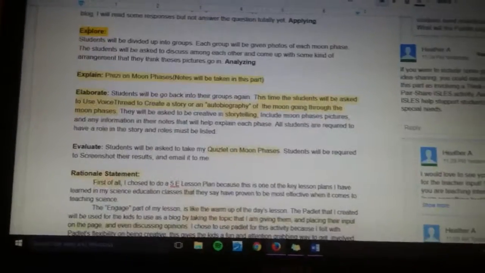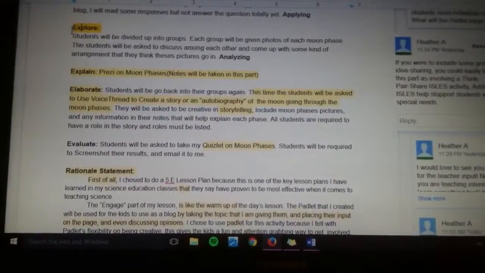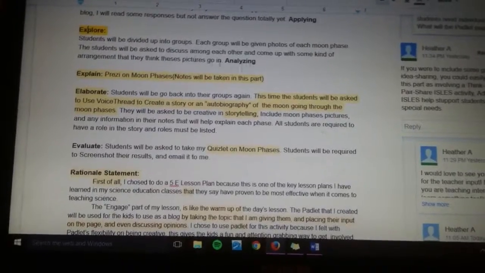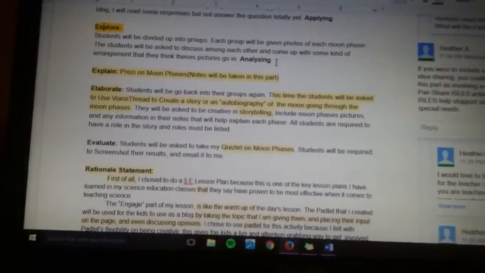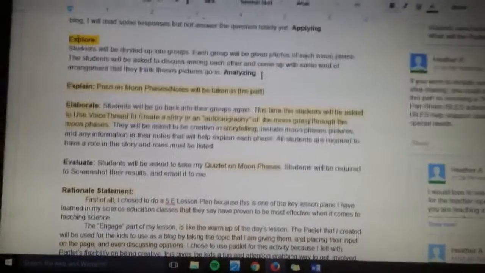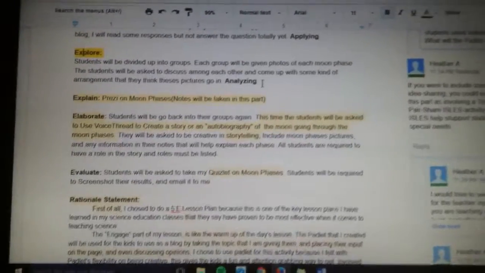Moving down to explore, this is also a great way that you're involving the students. Let's see. I would like to mention that in this section you have a great opportunity to include some IELTS strategies. IELTS strategies are those strategies that not only support all students but specifically support students with special needs.